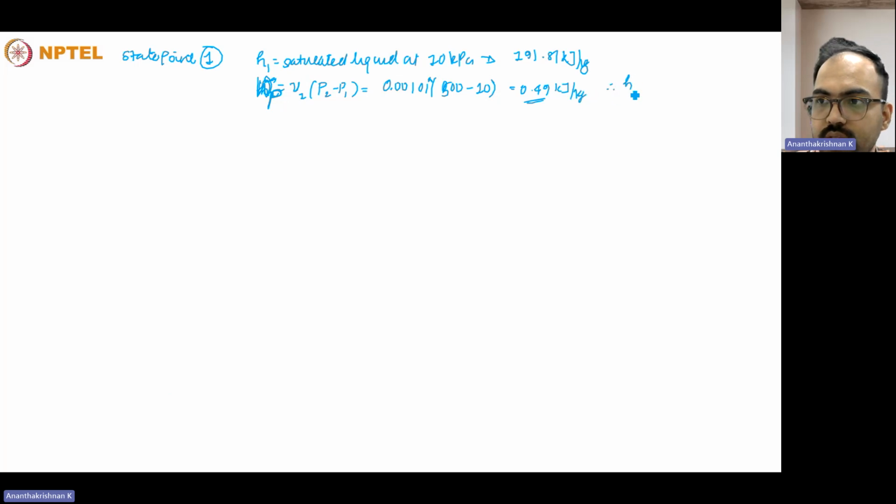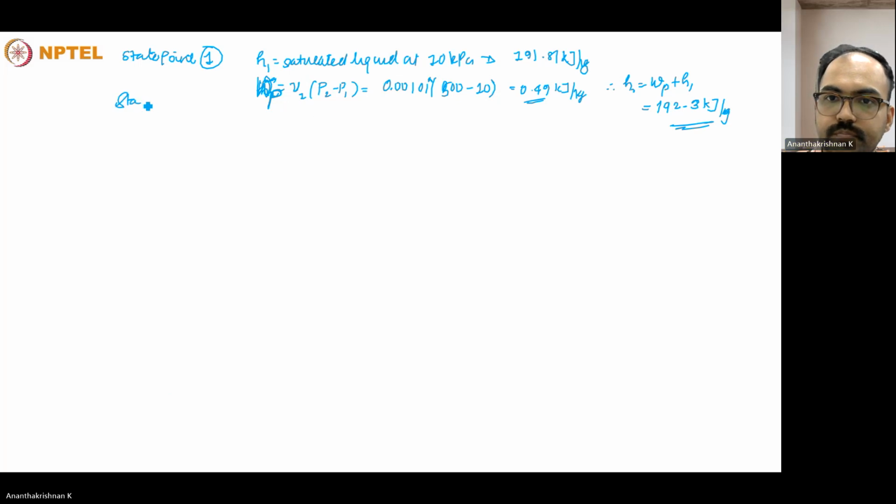Therefore, H2 will be equal to WP plus H1. So that will be 192.3 kilojoule per kilogram. So basically 0.49 plus 191.81. So we will get the point 2 as well.